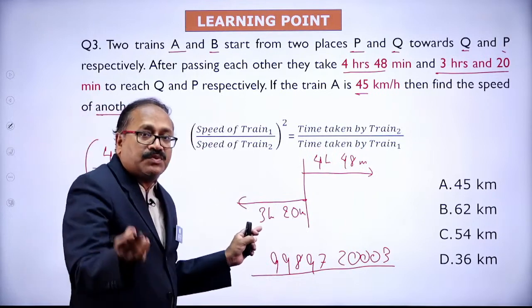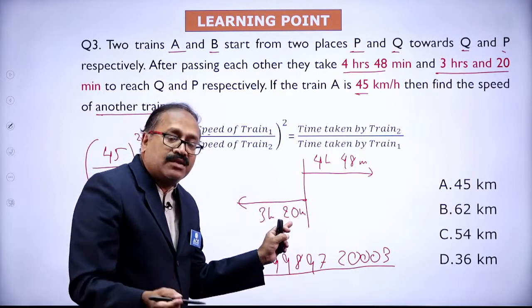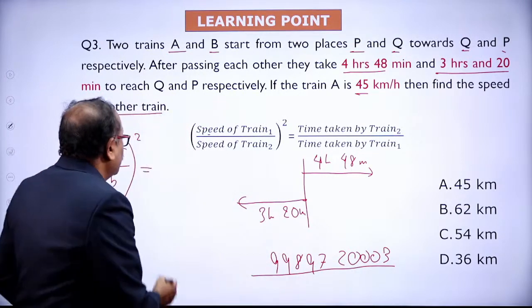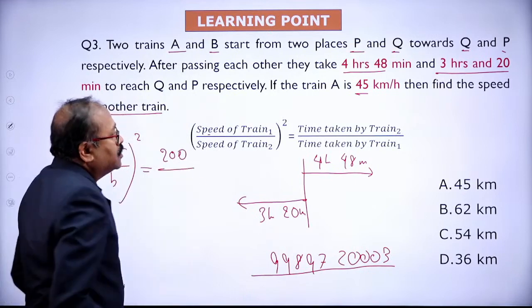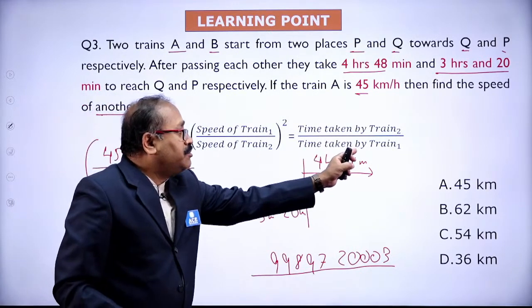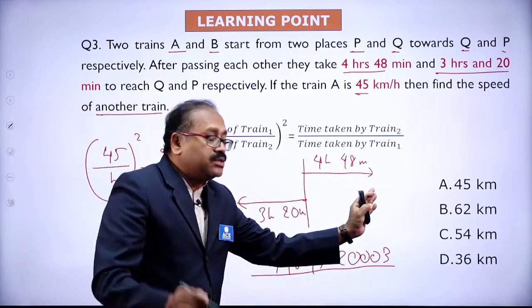That is 3 hours, which means 180 minutes, plus 20, that comes to 200. So here it is 200 by the time taken by train 1 after crossing to reach the destination.